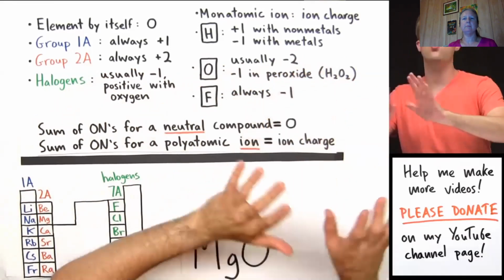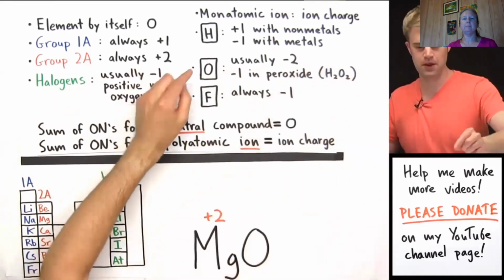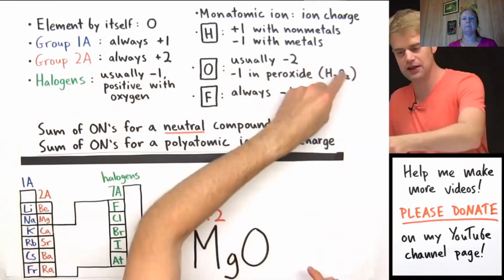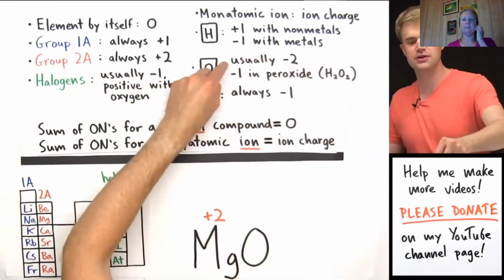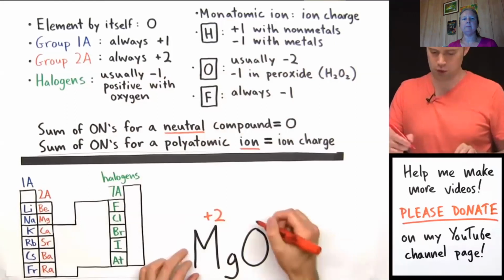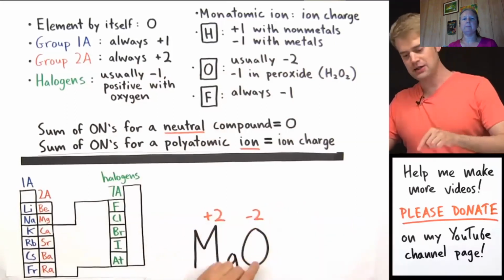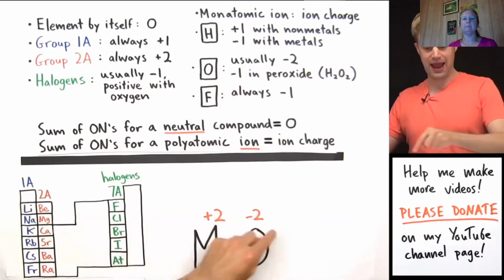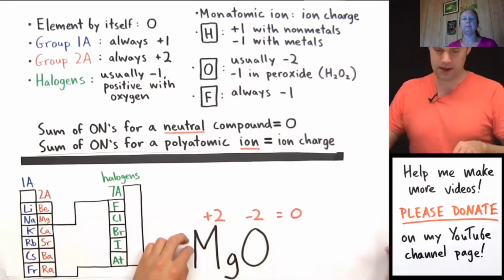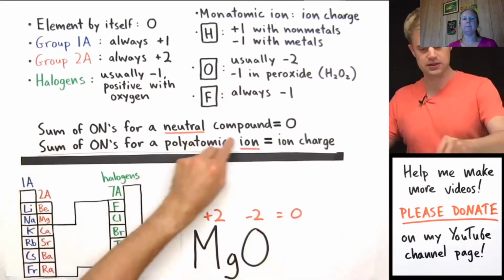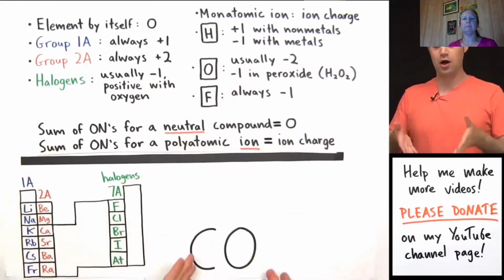It's probably the only one you'll ever see. But anyway, this oxygen is definitely not in hydrogen peroxide, so it's fair to say that its oxidation number will be minus 2. Plus 2 for Mg, minus 2 for O, and they add together to make 0 because this is a neutral compound.